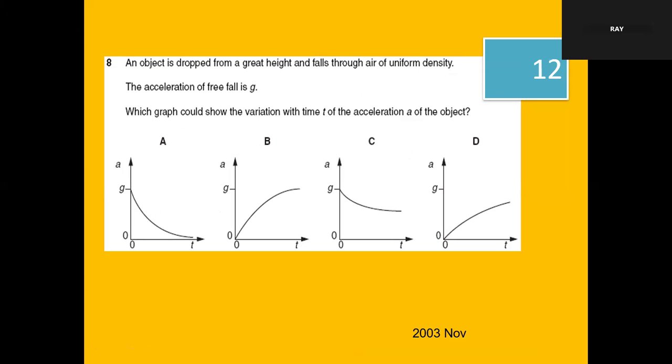How about this one? An object is dropped from a great height and falls through air of uniform density. Acceleration of free fall is g. Which graph shows variation with time t of the acceleration a of the object?